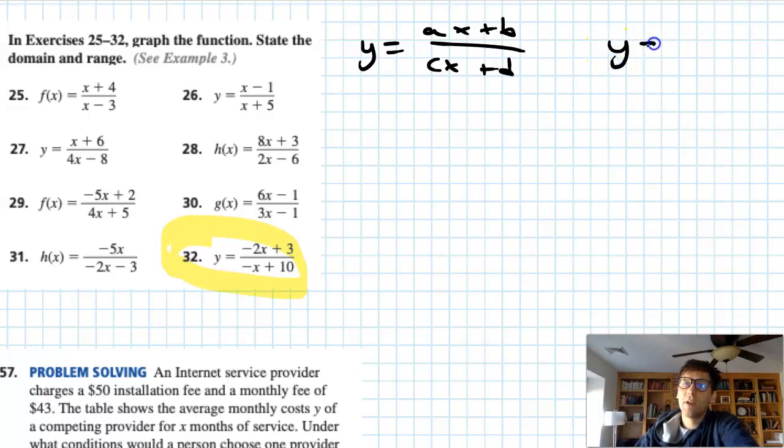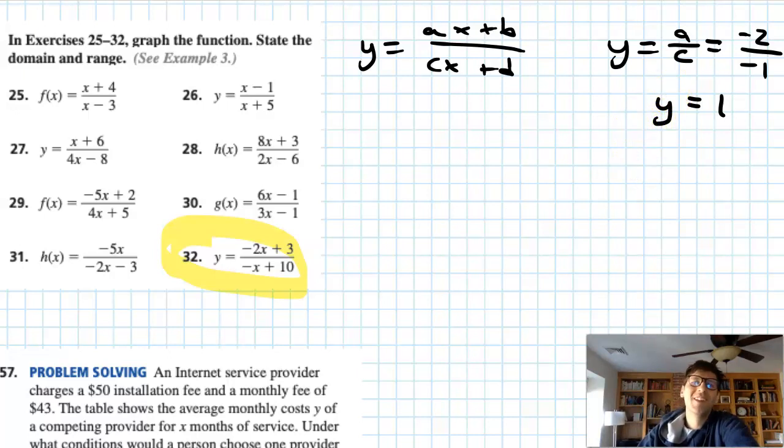It's the line, in fact, y equals a over c. So for this function it would be negative 2 over negative 1, so my horizontal asymptote would be y equals 2, not 1. Y equals 2.